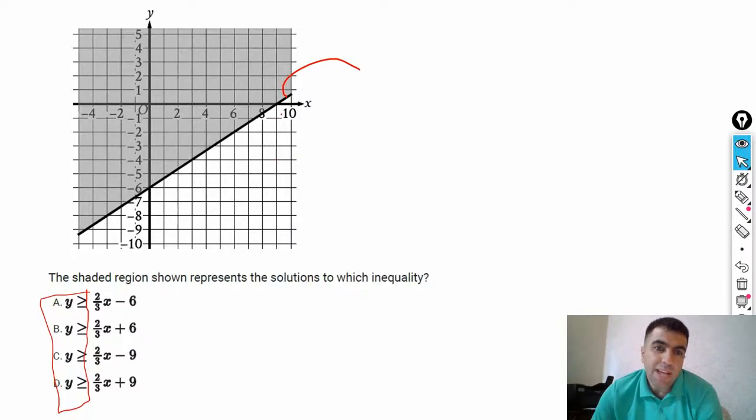We see that this is 9, right? This is 9, 0. And we see when the x is equal to 9, the y must equal 0, right?